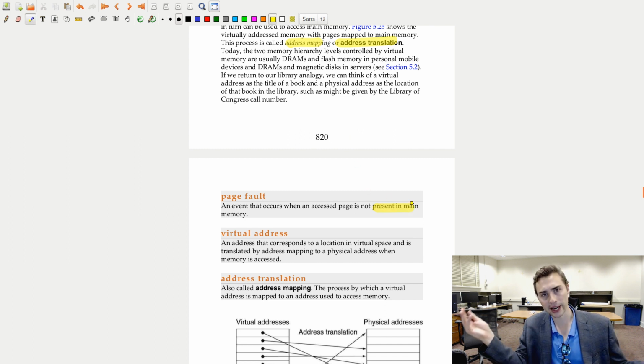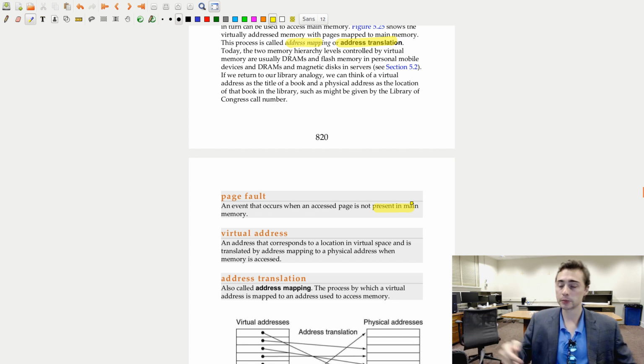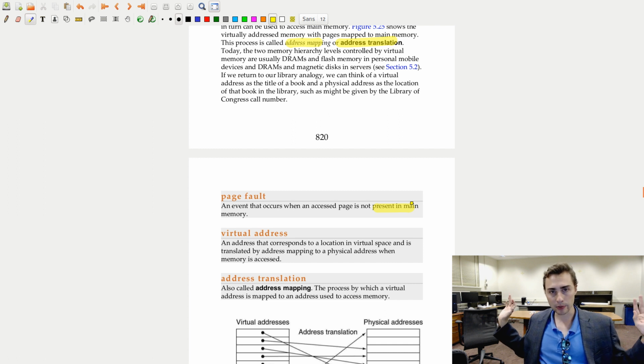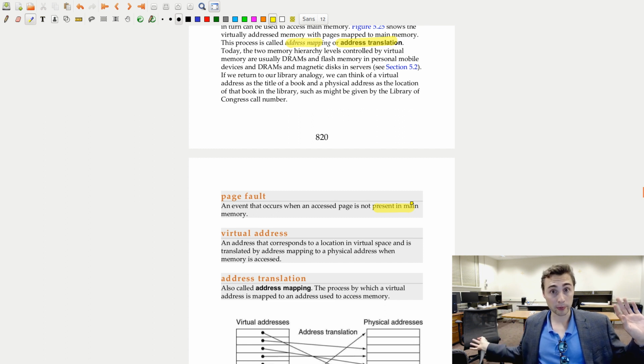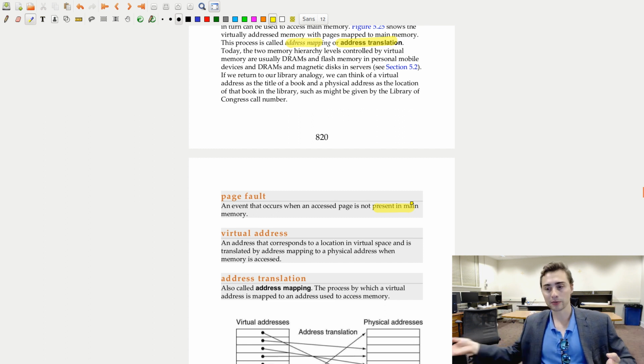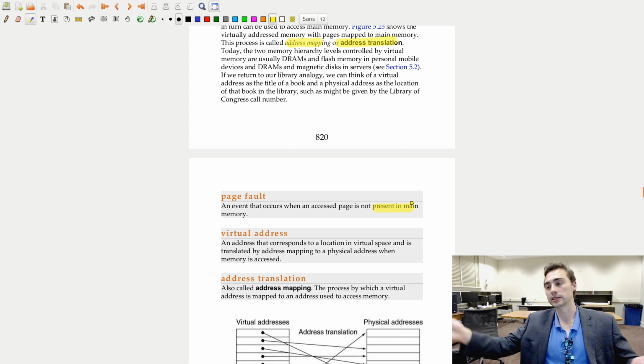Upon a page fault, we generally get what's known as an exception. We handle the exception, which means we go, hey, the memory's not there. So we say, okay, operating system, take the wheel, grab the memory we need from disk, bring it from disk to memory, restart execution.